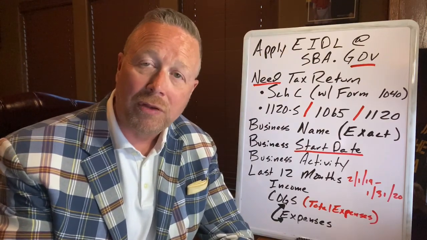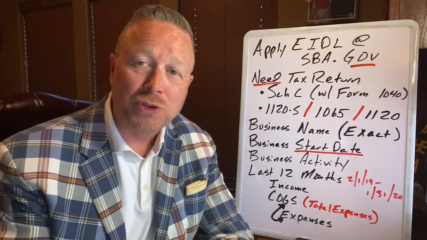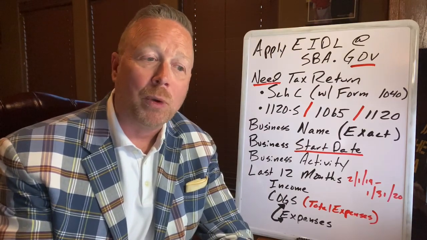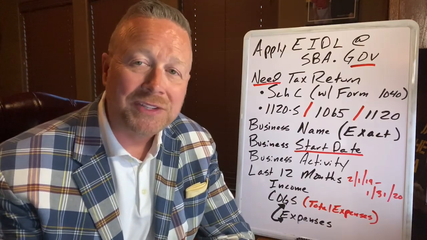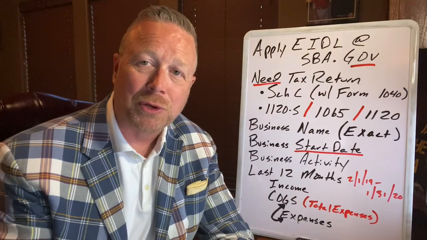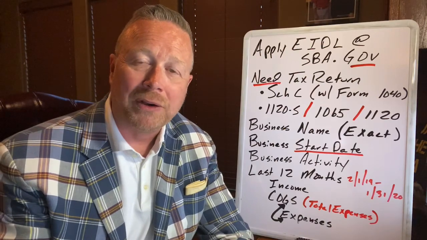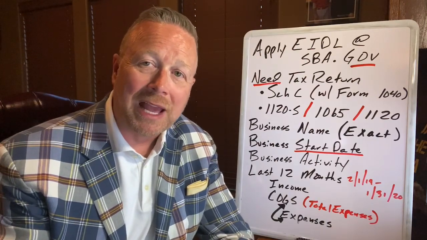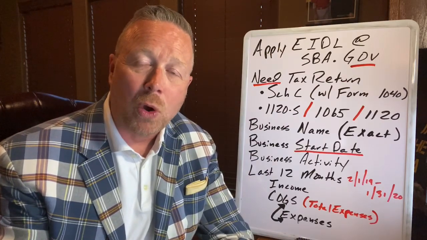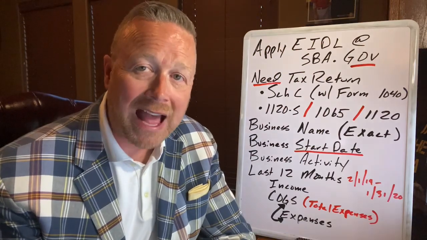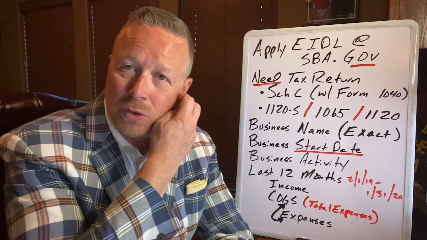So if you're a self-employed sole proprietor, Schedule C, you're going to be reporting the information on this initial part with the most recently filed individual tax return that includes your Schedule C. So I'll have a special video just for the sole proprietors filing a Schedule C related to the EIDL. But then for the business owners, you're going to want to have your most recently actually filed Form 1120S, 1065, or 1120. Those are the business returns.